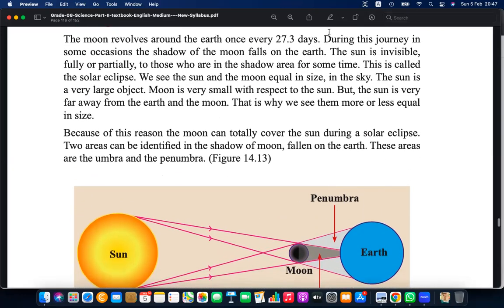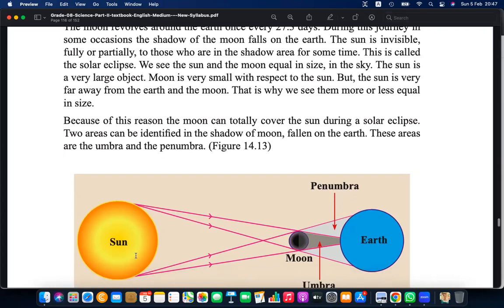So see the description. On some occasions, the shadow of the moon falls on the earth. This can be a full shadow. If it is a full shadow, then you call it a full eclipse. We see the sun and the moon in equal size in the sky, right? The reason is that the sun is far from us, but the moon is closer.